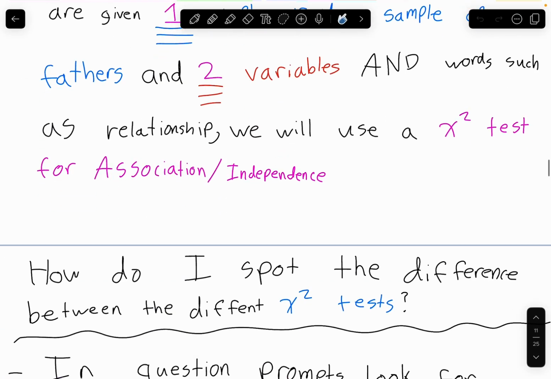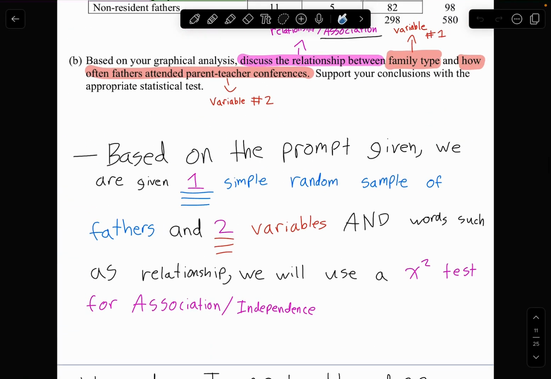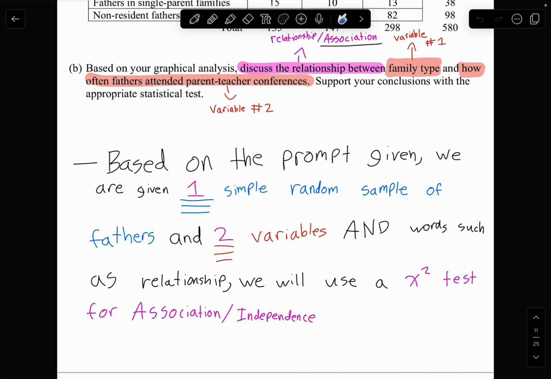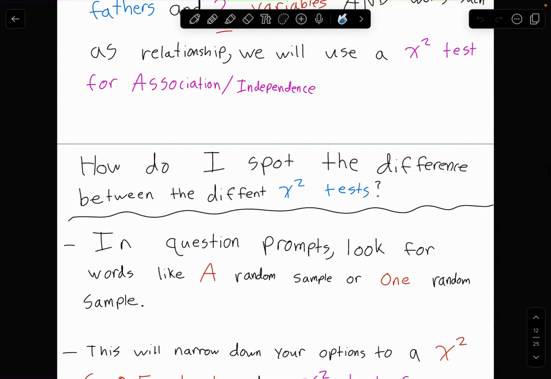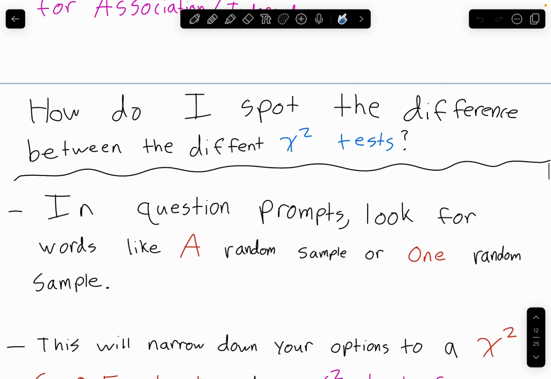Now that we are done going over all 3 of the chi-square tests, here are some tips from me on how it helped me on the AP Stats exam and throughout the curriculum to implement the differences between all 3 chi-square tests. Now, how do I spot the difference between different chi-square tests?